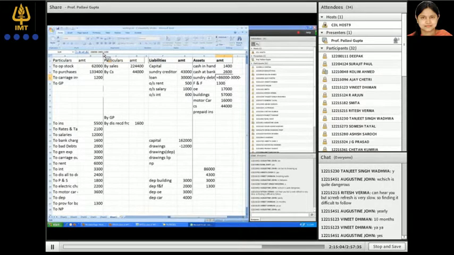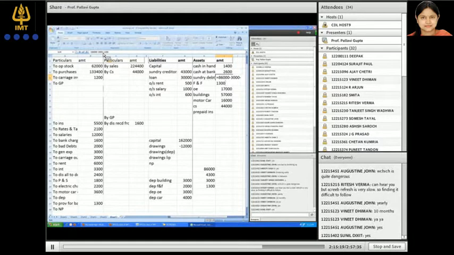Are both adjustments 5 and 6 clear with everyone? Okay.